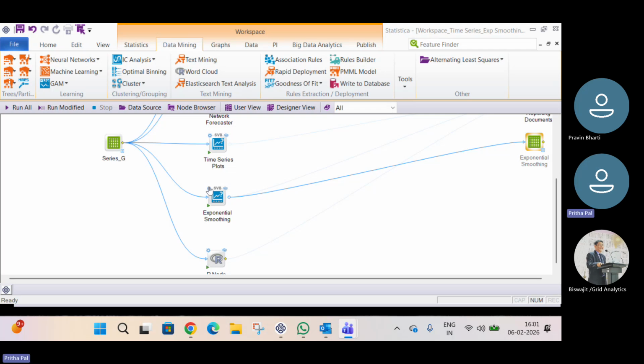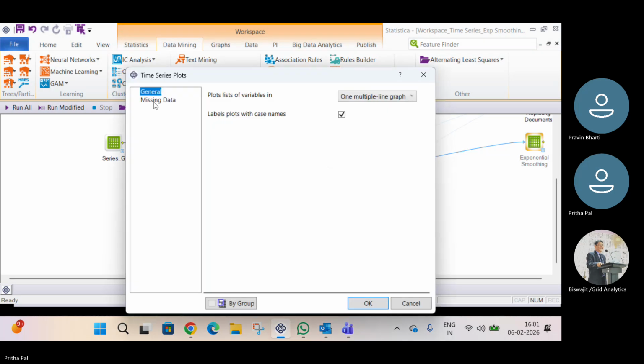So before getting started, let us first plot the same series G data in a time series plot. In the general section, the plot lists of variables will be one multiple line graph, and the levels plots with the case names. So case names will be attached.